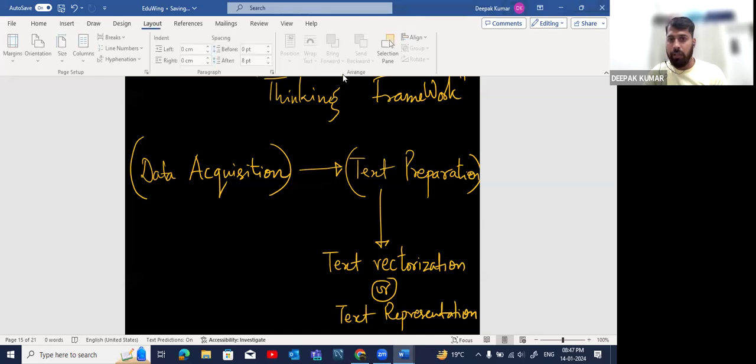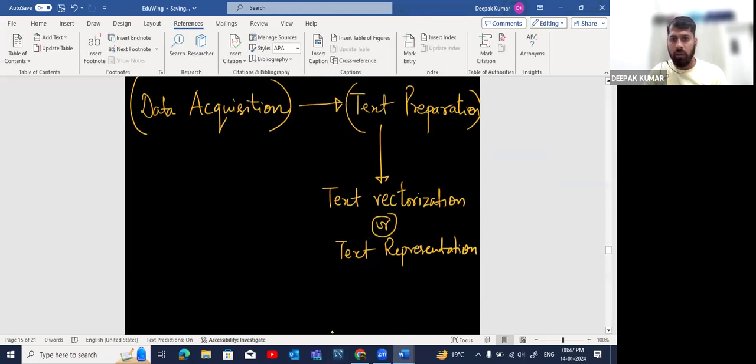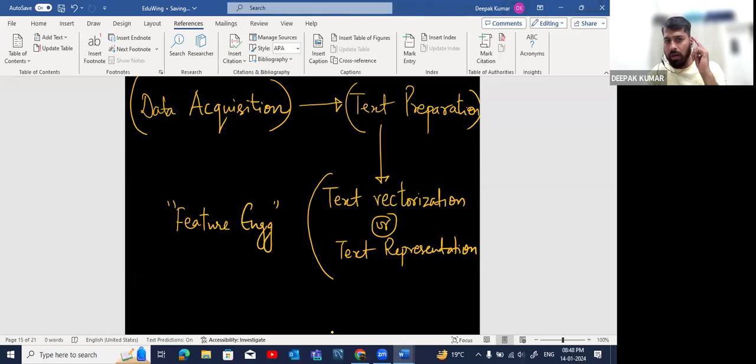What you know exactly out of this, we also call feature engineering. Because this word is known to you. You heard the term feature engineering, but you have never heard terms like vectorization or representation of the text.